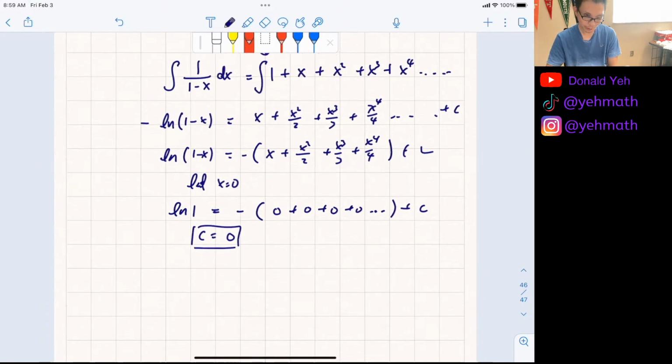So therefore you just find your power series of this one. So that's ln of 1 minus x is equal to negative summation, well, I'm going to start with n equal to 1 in this case, right? x to the n over just n.